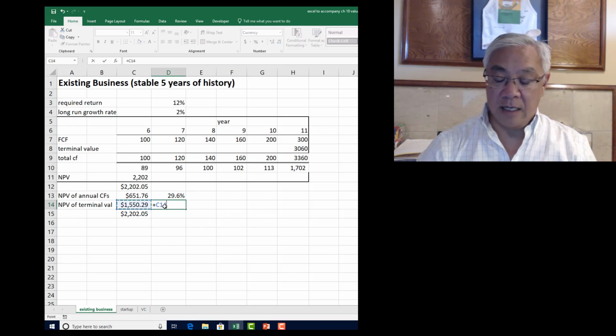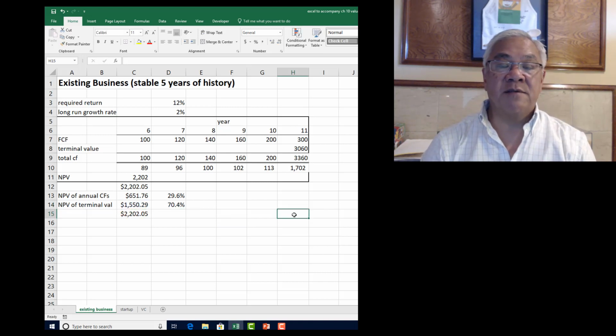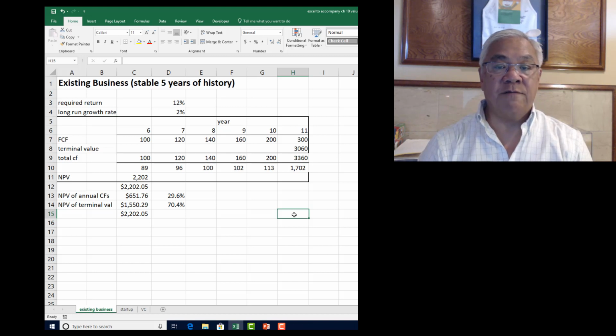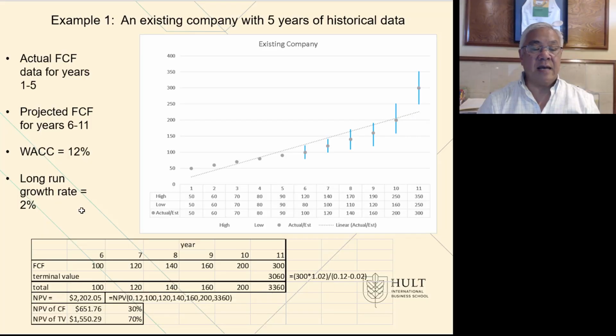And the other side is, how about selling the business at the end of year 6? So 70% comes from selling the business after 6 years. Most of the value is derived from the value created by building a good business, but we get about 30% from running the business. So that is the first example of an existing company with 5 years of historical data.